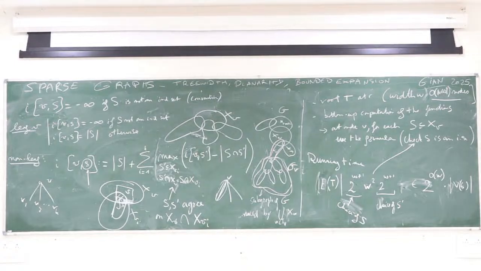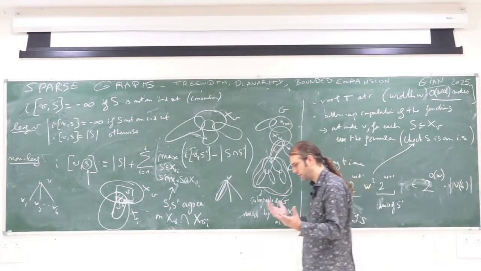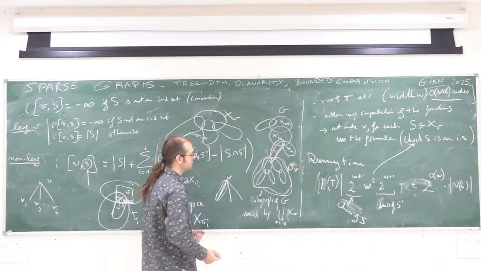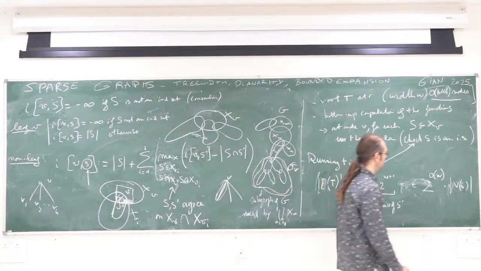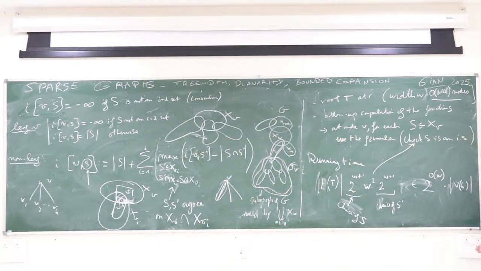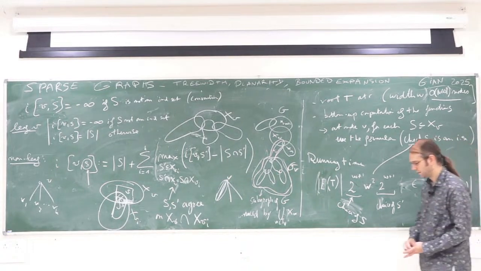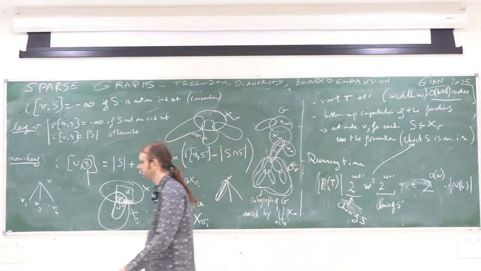Okay. And it is also expected that we get an exponential function. I think I said it before, but independent set is an NP-hard problem on general graphs, so you don't want this to be a polynomial in n, since every graph has tree width at most n. It would contradict the NP-hardness.